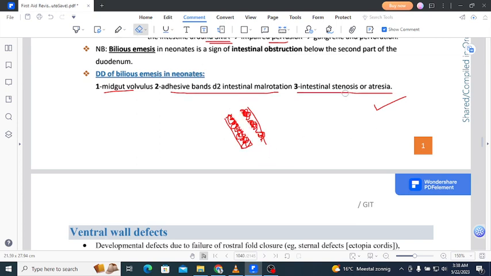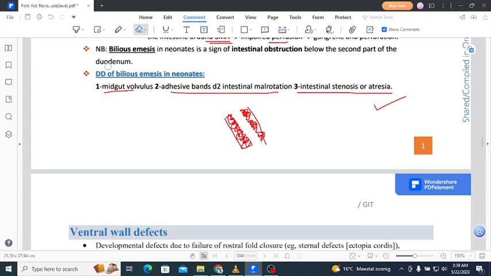So the duodenum firstly is a hollow organ, and then cells inside the lumen start proliferating and obstruct the lumen completely. After that it is supposed to be recanalized, and if the recanalization does not occur, we are expecting to have an intestinal stenosis.